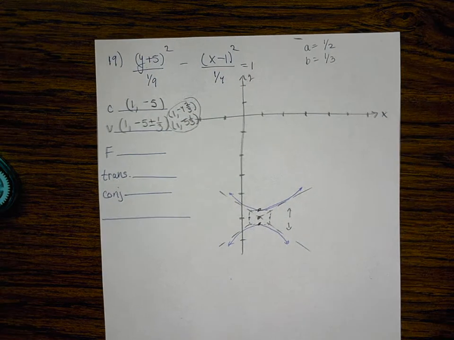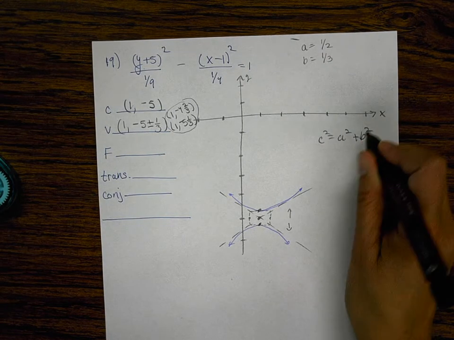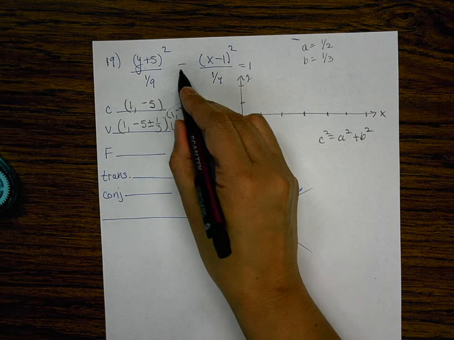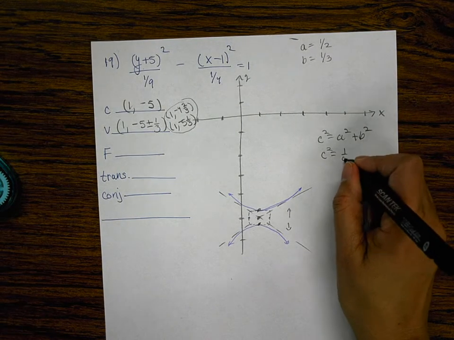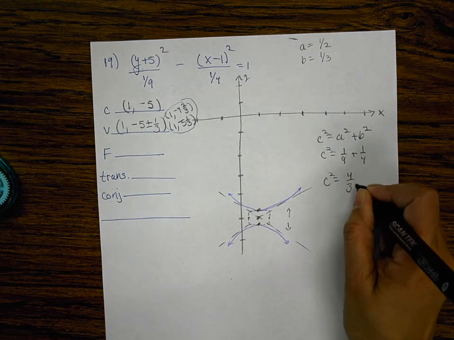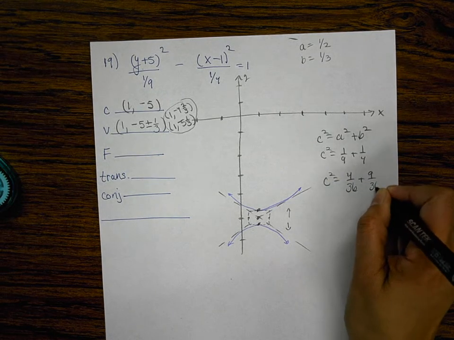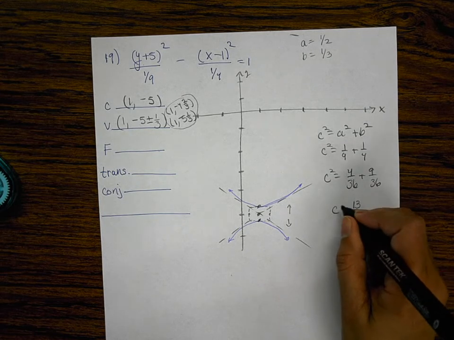Okay, foci. C squared equals a squared plus b squared, always opposite of what's in the original formula. C squared equals 1/9 plus 1/4, which is 4 over 36 plus 9 over 36, which is 13 over 36.